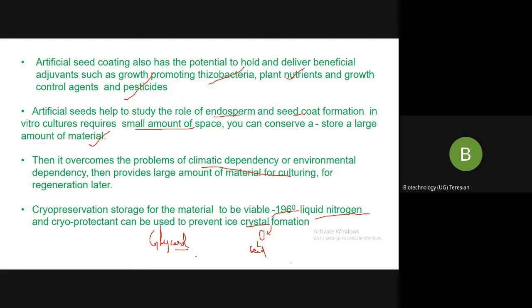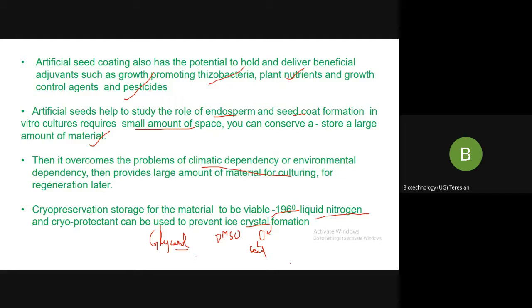And there is also dimethyl sulfoxide, DMSO, which is also being used. You must have heard this also. DMSO is also being used for your cryopreservation. So these all are called cryoprotectants.